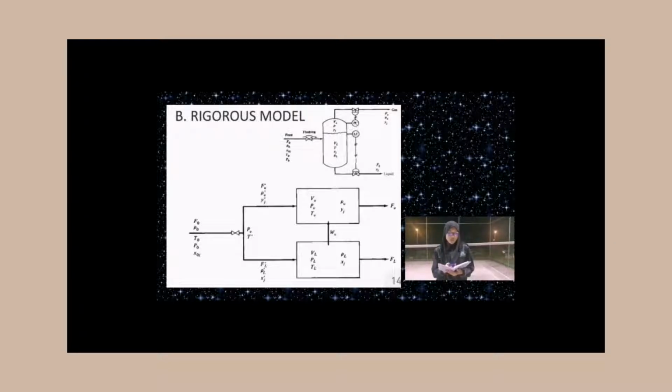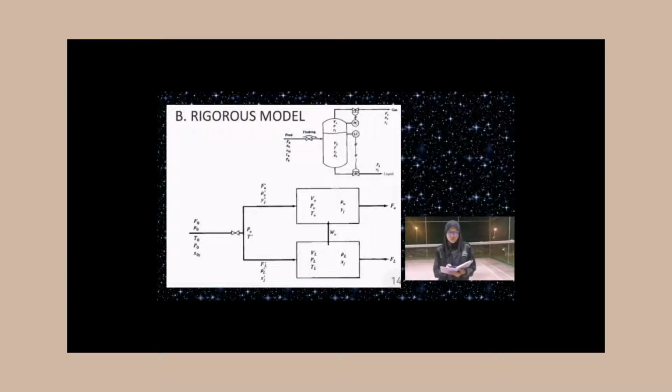You can see the difference between the vapor feed and the liquid feed. The vapor feed becomes FV prime, rho V prime and YJ. Why YJ? Because it refers to component J. And why FV prime and rho V prime? Because V represents the vapor.